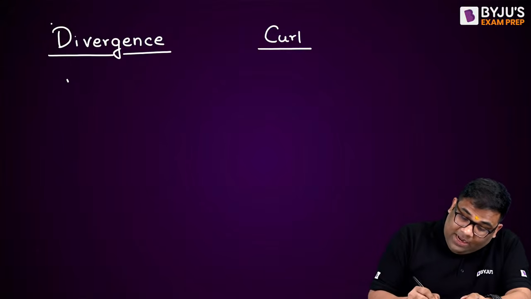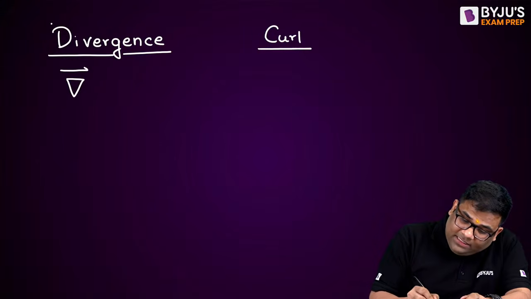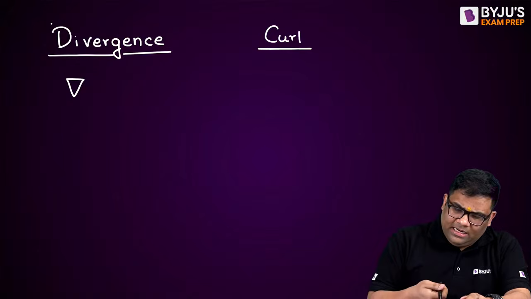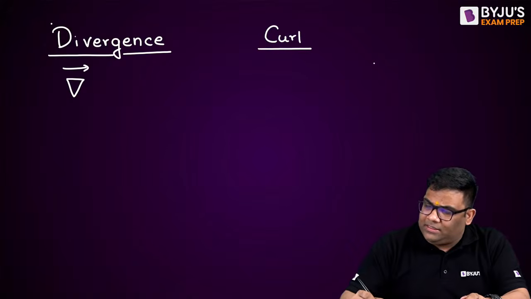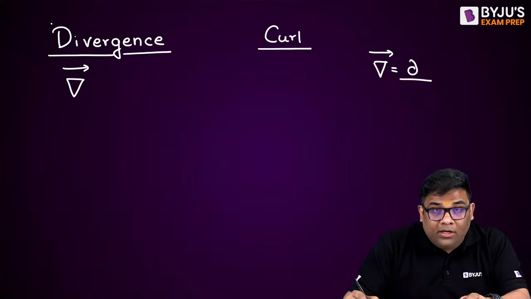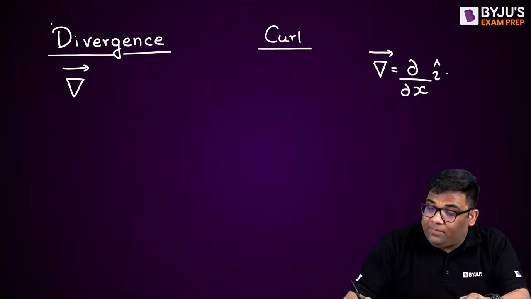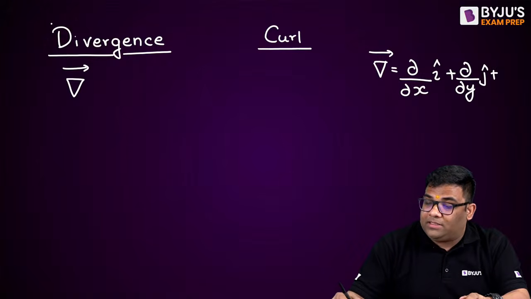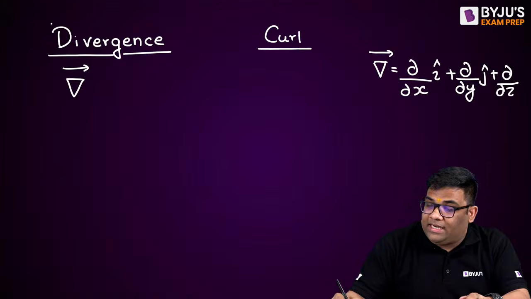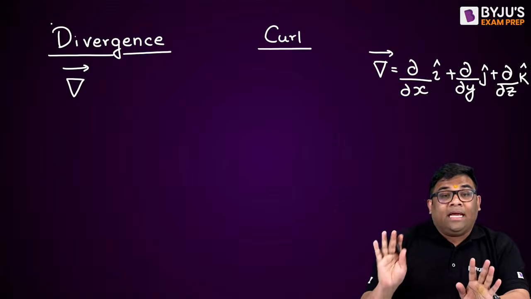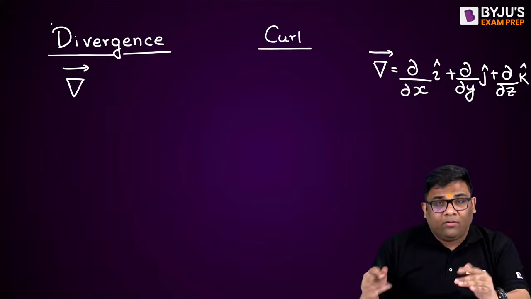Now the del operator is a vector itself, right? Del operator is dou by dou x i cap plus dou by dou y j cap plus dou by dou z k cap. So del operator is itself a vector.